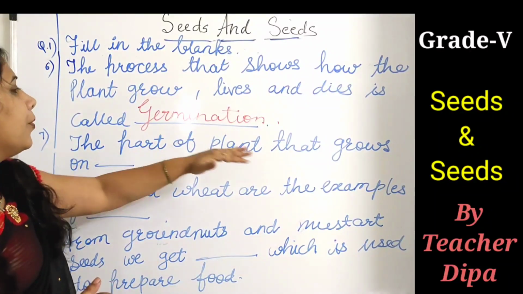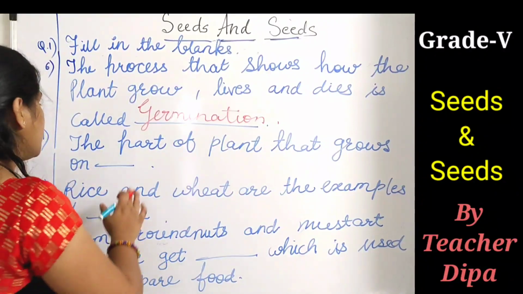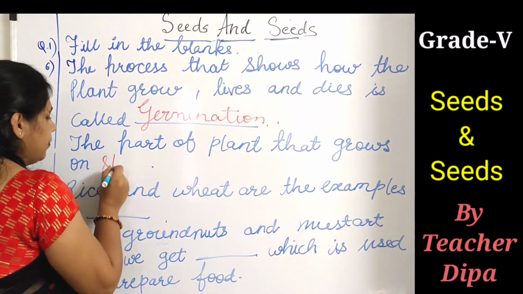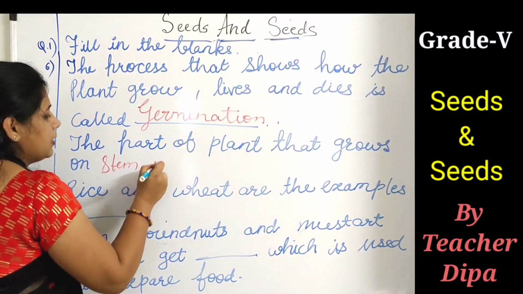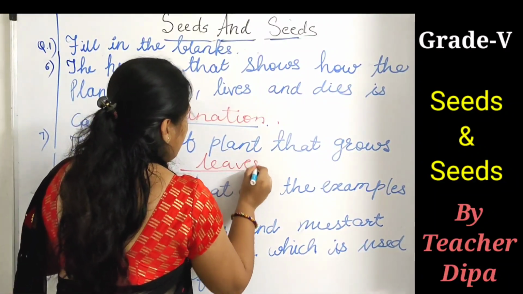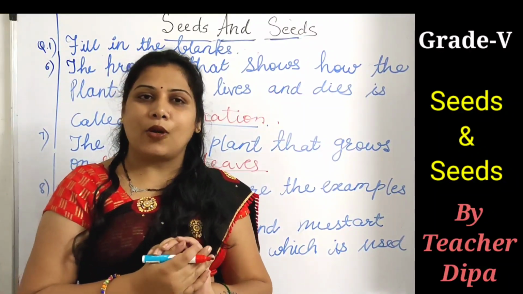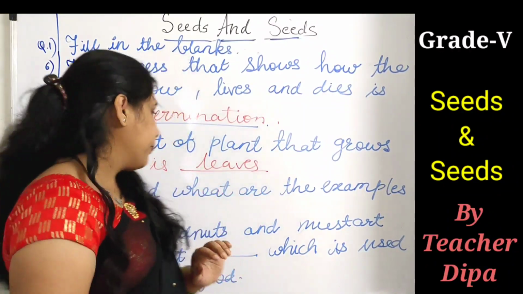Next, the part of a plant that grows on dash. Now which part grows on stem? It is leaves. Now the part of a plant that grows on stem is called leaves.